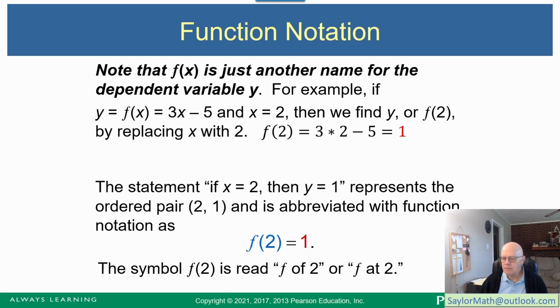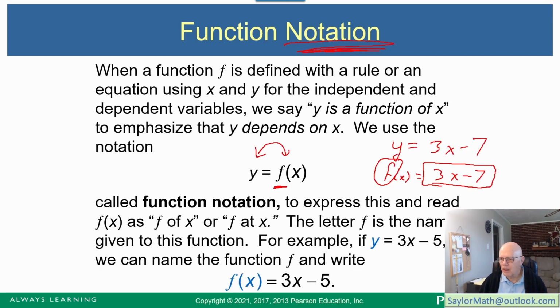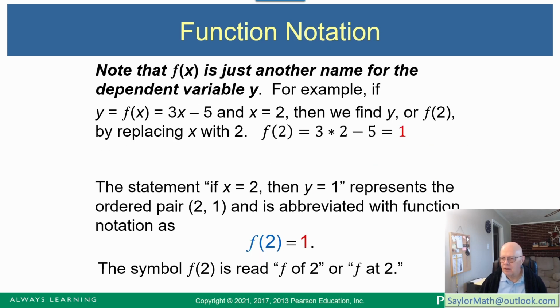Next, one other thing. Notice that this does not mean you're multiplying f times x. It means your function value at a value x. For example, f of 2. First of all, you're using this function, which is this one right here.